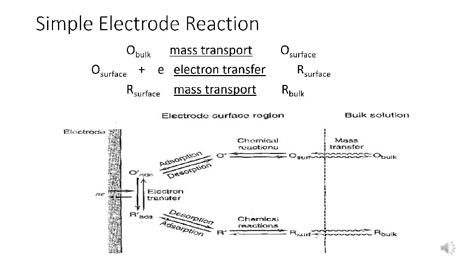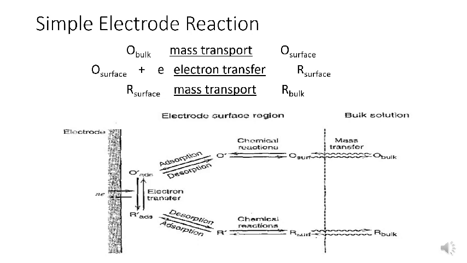So the movement of the oxidized species in bulk to the surface, or adsorbed, is due to the mass transport mechanism, and it is driven by the difference in concentration. This is higher concentration, at the surface it is lower, so it will migrate or diffuse from higher to lower and adsorb at the surface.